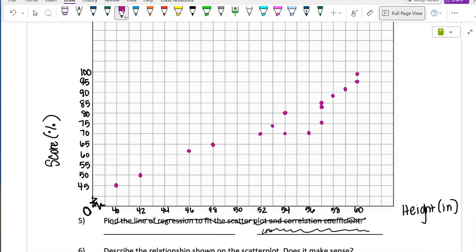Again, that is simply taking the data from the table and graphing those points as a scatter plot.